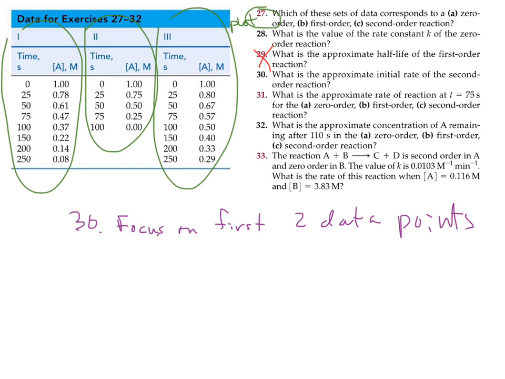For whichever set of data you decide is 2nd order, look at just the first, like the 0 to 25 seconds, look at the change in concentration and use that to make your rate. Rate is change in concentration over change in time.